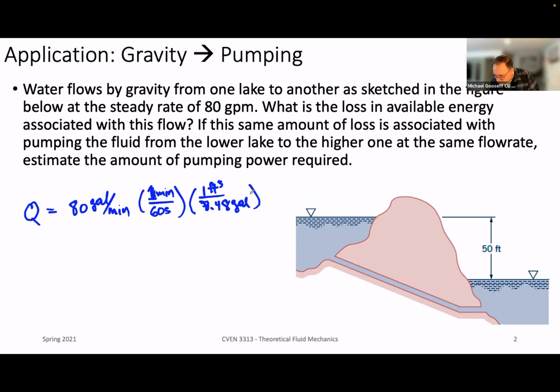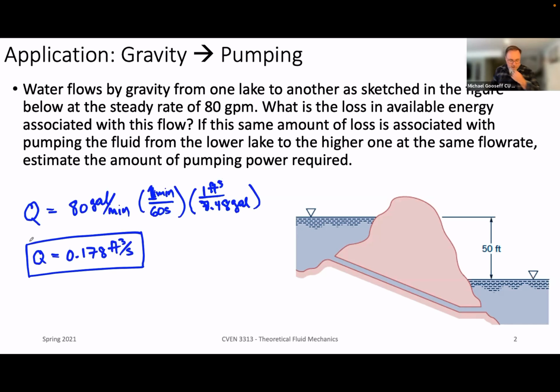When we work this out, Q, 80 gallons per minute, turns out to be 0.178 cubic feet per second. So that's a little more useful to us.